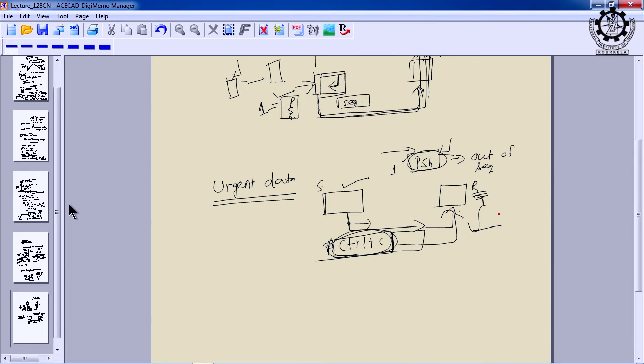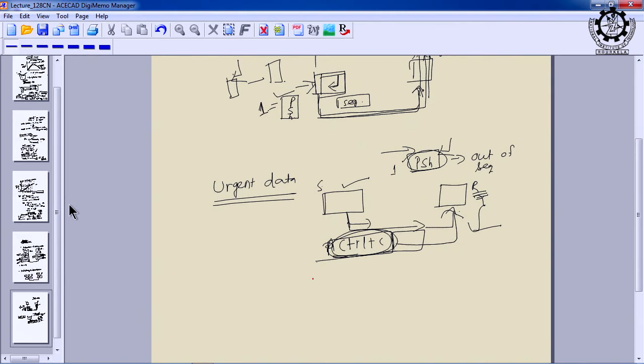Now, in that case, how can the sender handle such a situation? This is an urgent message to be sent by the sender. So what the sender does is set the urgent URG pointer to 1. What does the urgent pointer say?